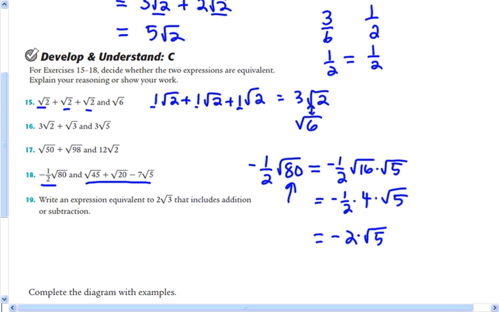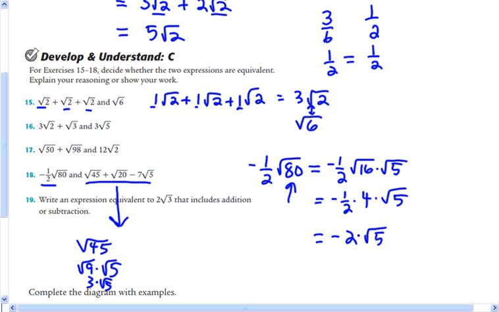All right, so if we simplify this other expression, since we already know they're equal, we should get the same thing. Well, the square root of 45 is the square root of 9 times the square root of 5, and the square root of 9 is 3, so the square root of 45 is equal to 3 times the square root of 5.